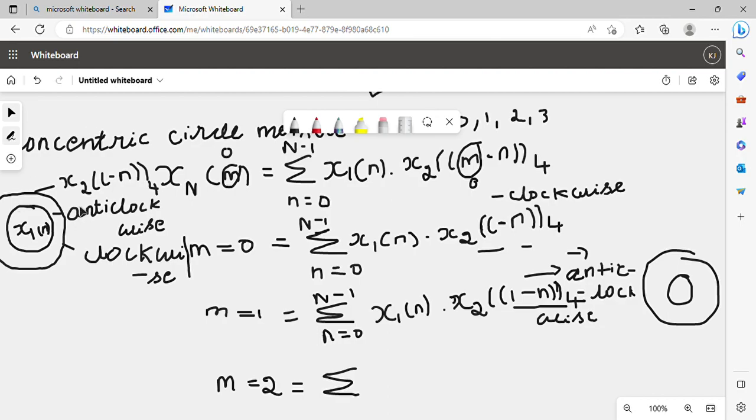But when you write this circle for each one, for m is equal to 0, if you construct a circle, for m is equal to 1, if you construct a circle, then after you mention your points, that is x1 of 0 to x1 of 3 and x2 of 0 to x2 of 3, you write the values that are given to you. According to the values or the sequence given in the question, you write it. That's all. Only that sequence will vary. All the others are the same, right?